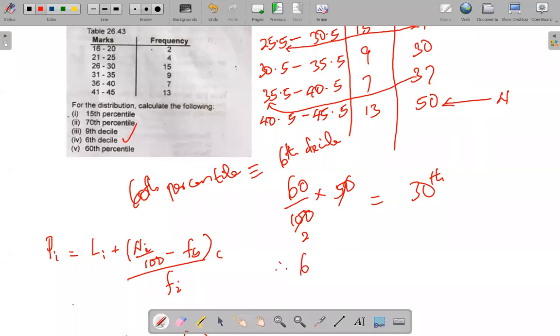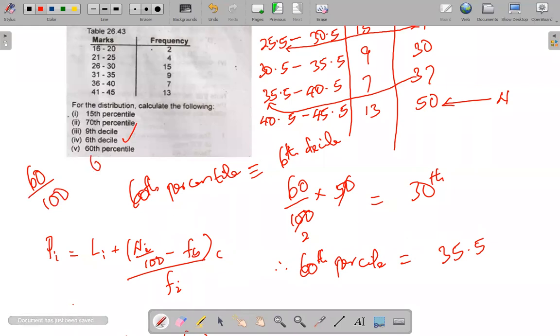Therefore, our 60th percentile is also equal to 35.5. Let me explain why: the 60th percentile is 60 over 100, and the sixth decile is 6 over 10. These are the same thing, 6 over 10. So this is our answer there.